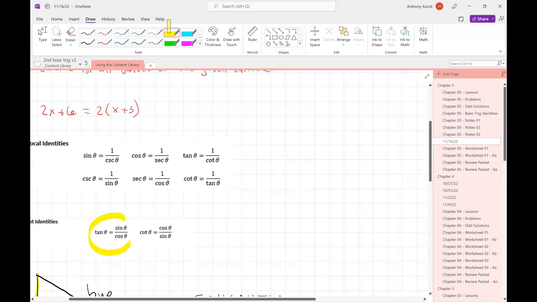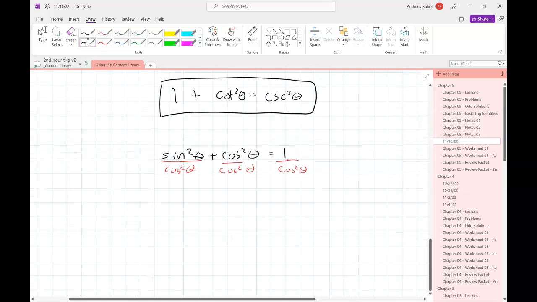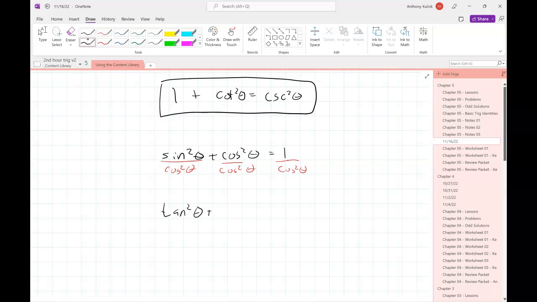Sine over cosine was tangent, so sine squared over cosine squared is going to be tangent squared. And cosine squared theta over cosine squared theta is 1. And 1 over cosine squared is secant squared. That's also going to be an identity.